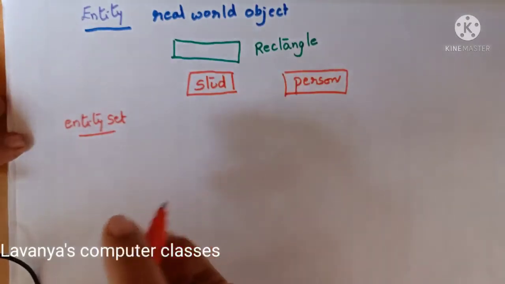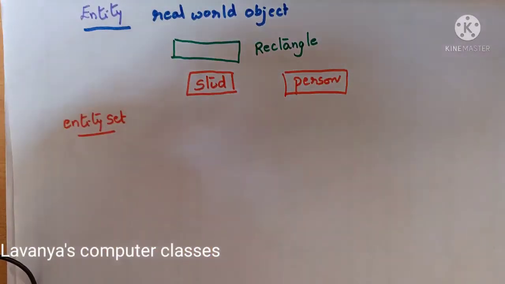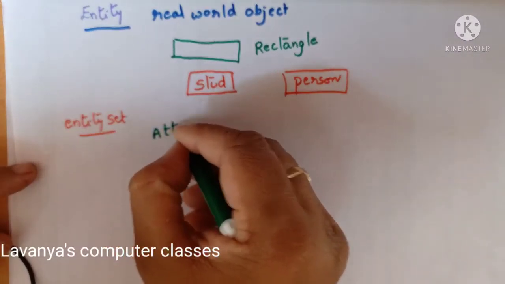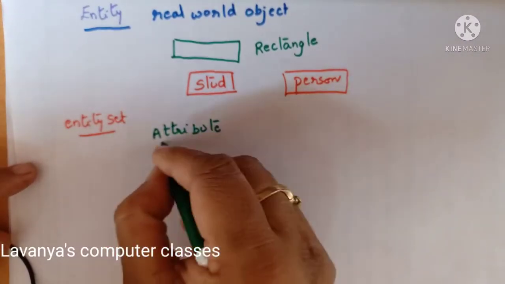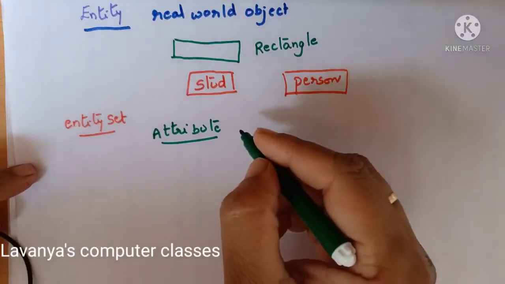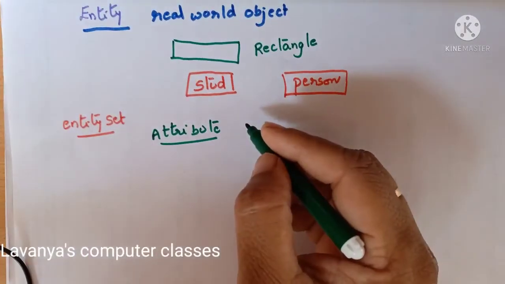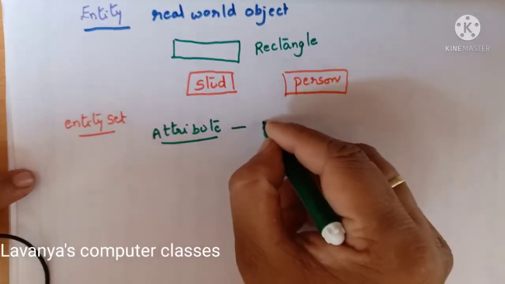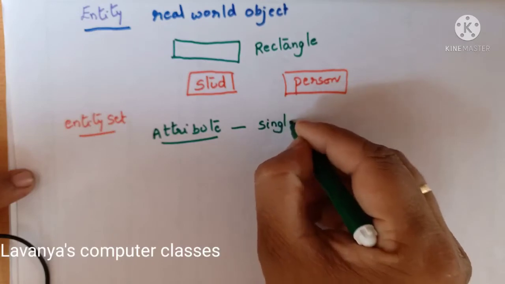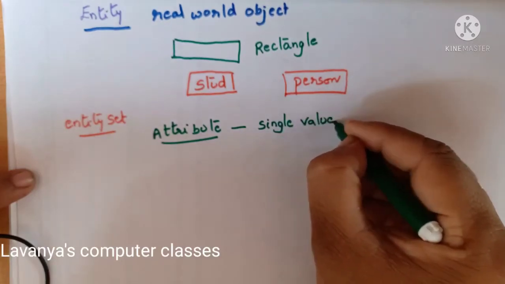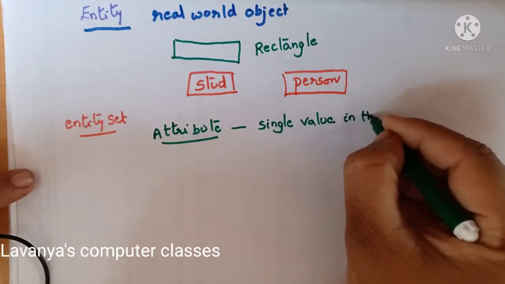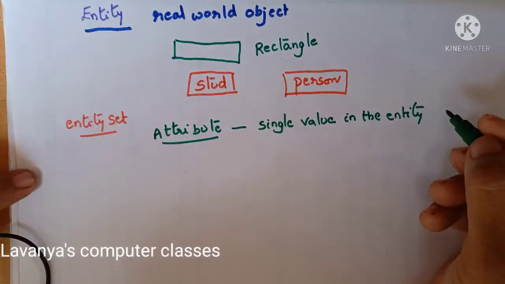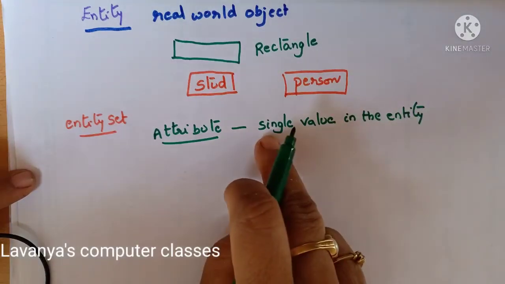Okay. Now we'll go for the next component, which is attribute. What is an attribute? A single value in the entity is known as an attribute. Unique value, individual value is known as attribute.